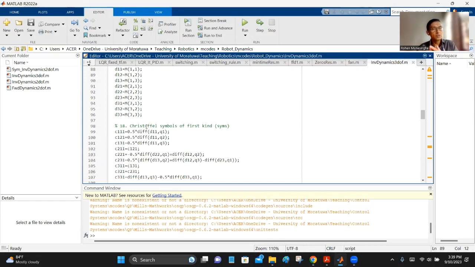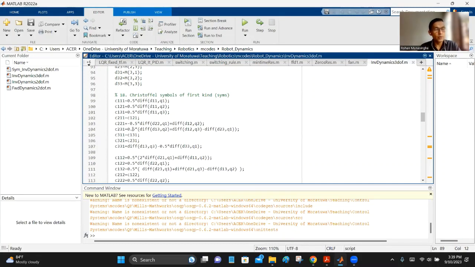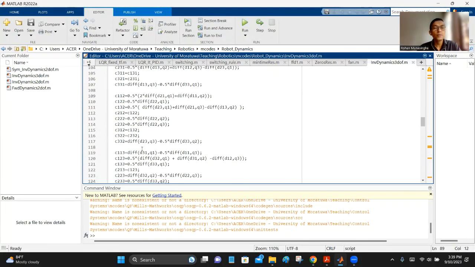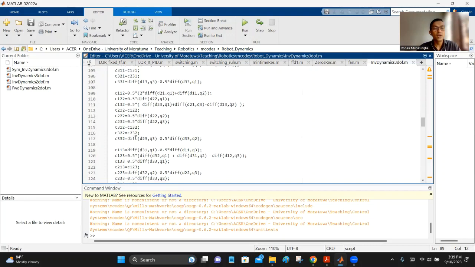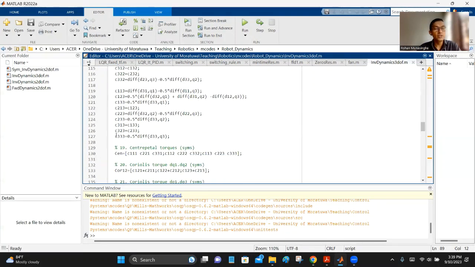They're all symbolic elements, and you can do the differentiation as required by the Christoffel symbols. Now see all these things. You just write down these equations yourself, up to C333.